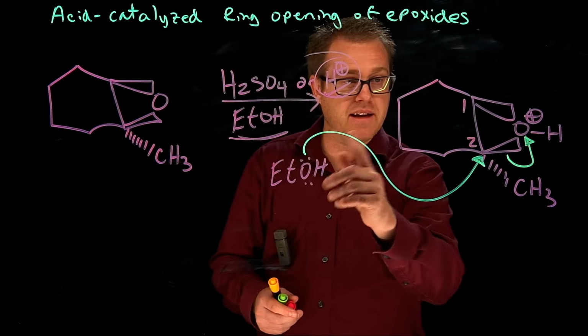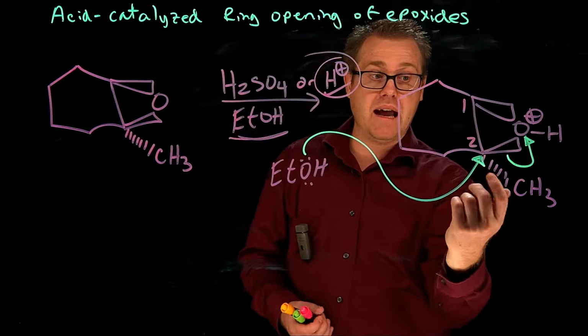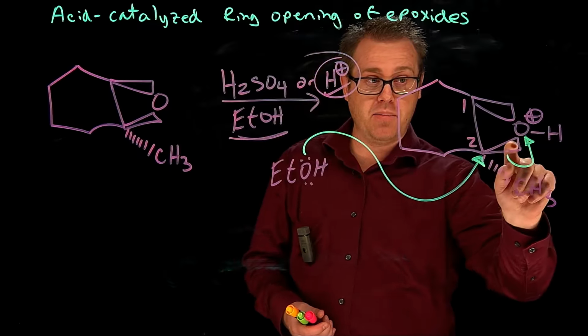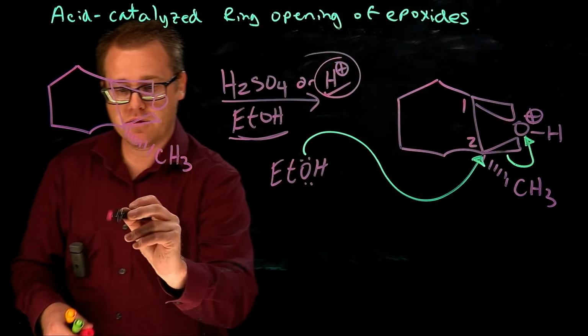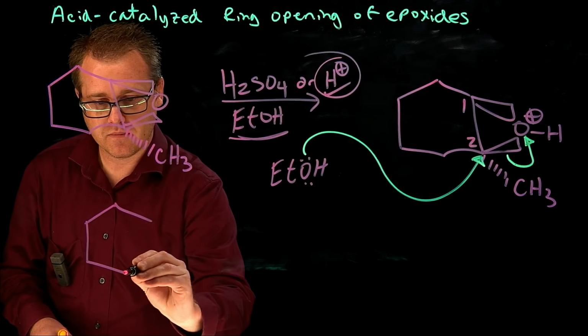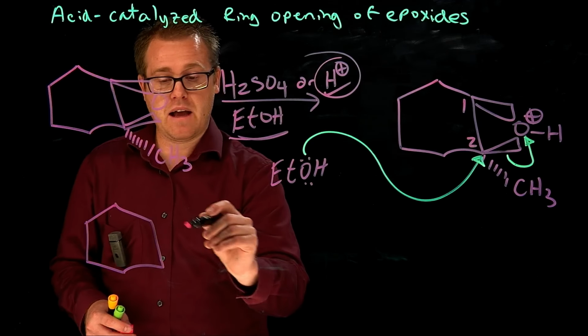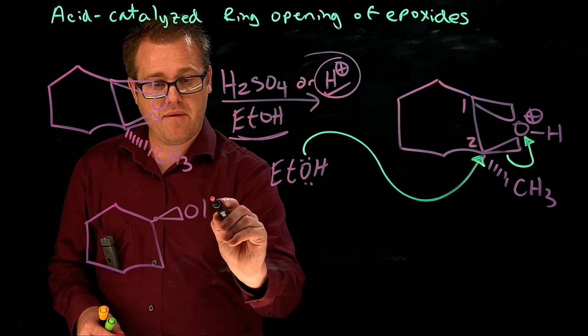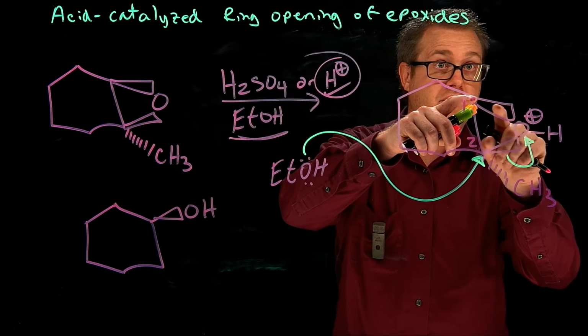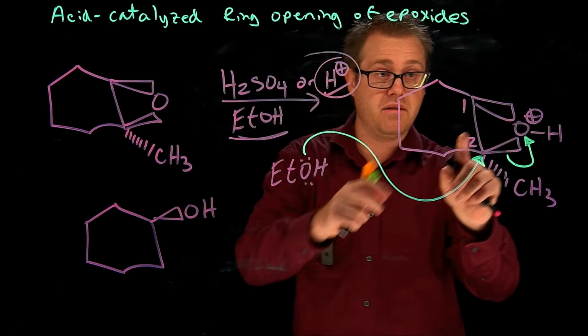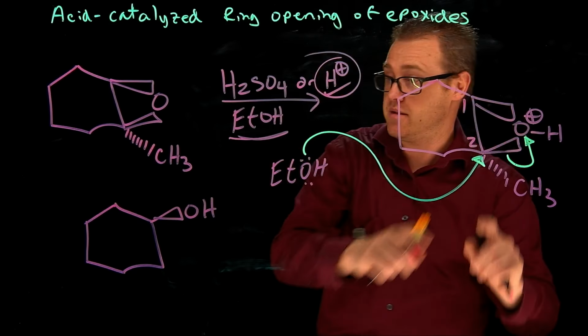Well, this ethoxide is coming in from the back side because the leaving group bond right here, the carbon-oxygen, is in the front. So if we redraw that, that means we have our alcohol there. Do you see how this carbon-oxygen bond was not affected from the nucleophile? So that wedge stays.